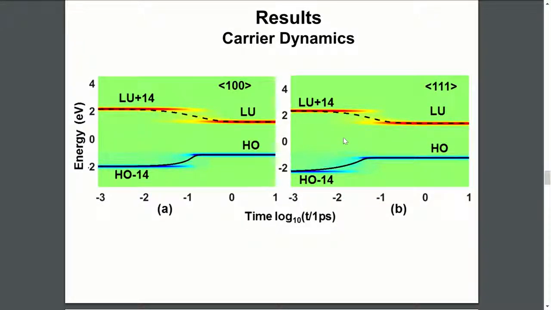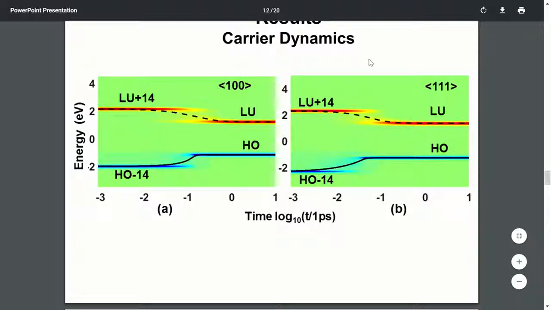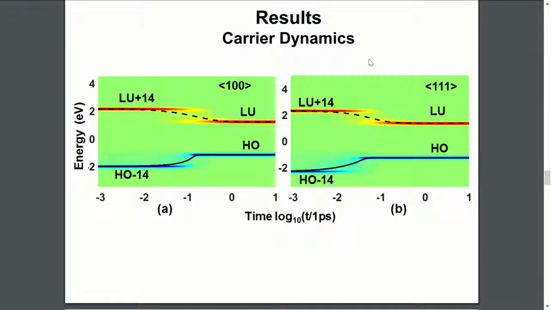Here we can see the hot carrier dynamics. It is integrated over all k points altogether. Here, the electron is photoexcited from HOMO minus 14 to LUMO plus 14, but it is in the overall state, so all states and all k points are included here.